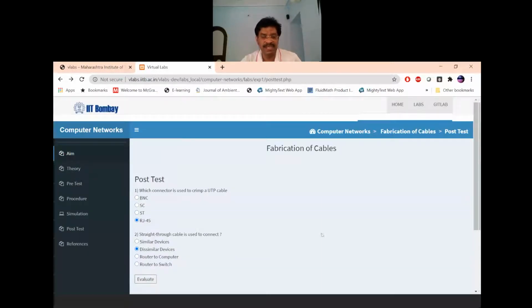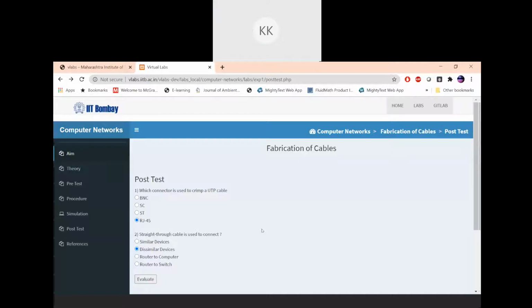If the same sequence is maintained at the other end, it's a straight-over cable. I hope you have got the concept of creation of the cable.